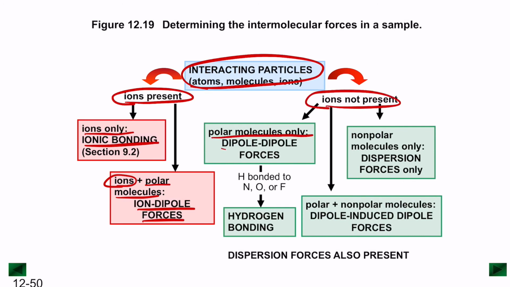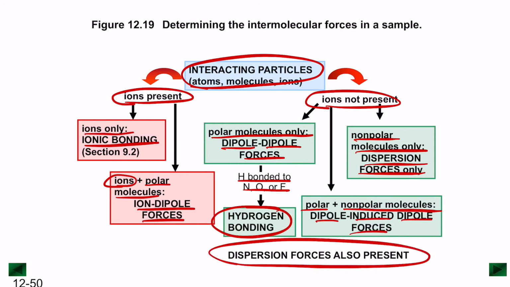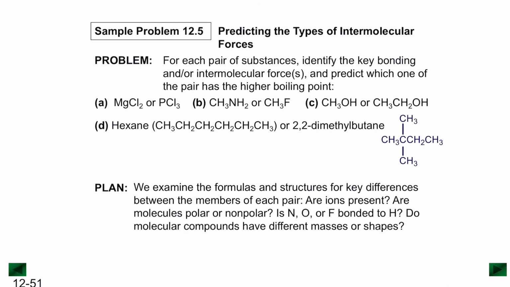If there are polar molecules, the forces are dipole-dipole forces, and if a hydrogen is bonded to nitrogen, oxygen, or fluorine, you get hydrogen bonding. If there are only non-polar molecules, you have dispersion forces only, and if you have a mix of polar and non-polar molecules, you get dipole-induced dipole forces. Remember that dispersion forces are present in every molecule and in any interacting particles because of their size and instantaneous dipole creation.